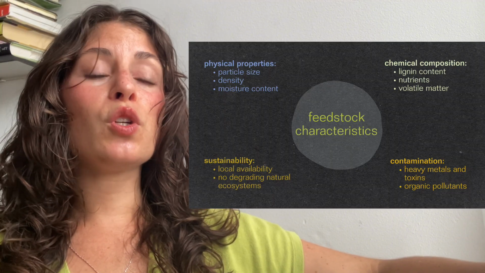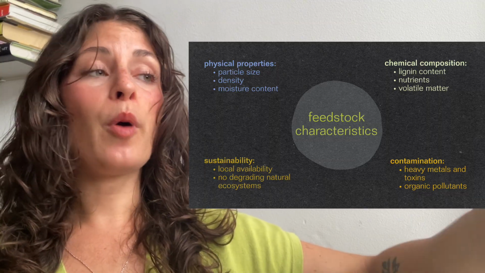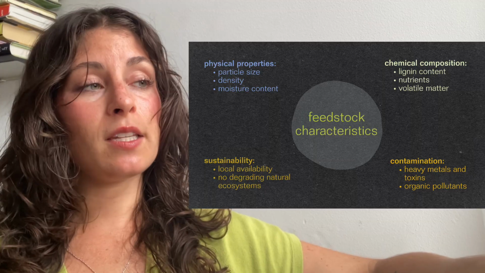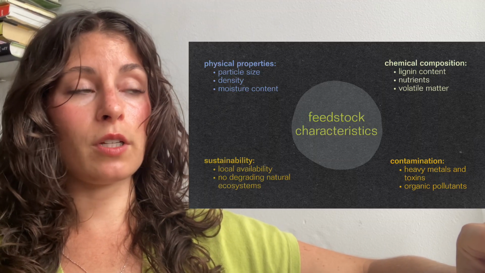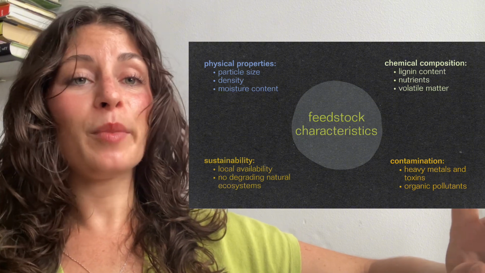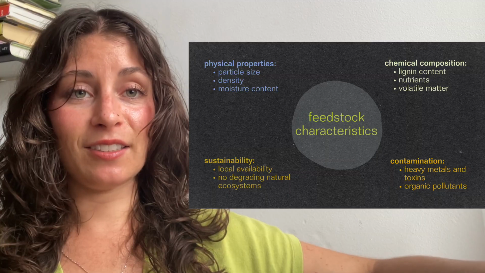This is a little bit of what we're going to explore in the feedstocks. First, you have your physical properties: everything from the particle size to the density of your feedstock and the moisture content. Those are really important to consider. Then, chemically, you want to consider the lignin content.